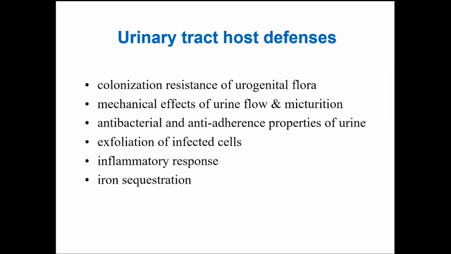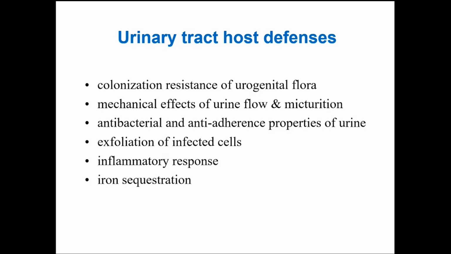So why doesn't everybody get urinary tract infections if they're so common? Well, our bodies have a number of ways to resist or prevent these from happening. Among these is the colonization resistance in women of the urogenital flora. There are other bacteria, beneficial bacteria, that colonize the vaginal mucosa and make it more difficult for things like E. coli or the bacteria that cause UTIs to colonize.